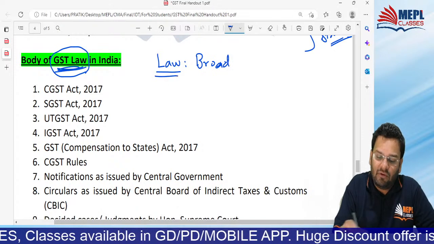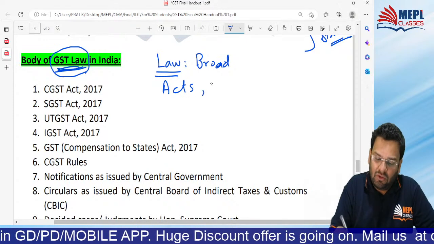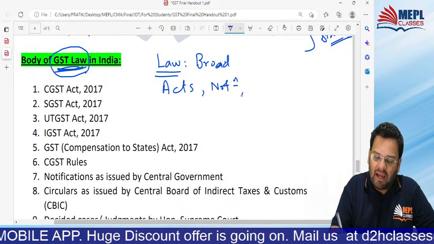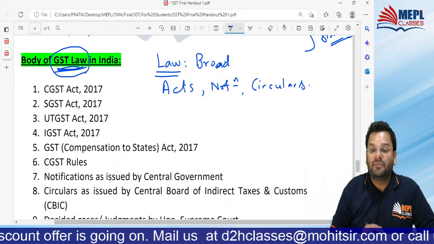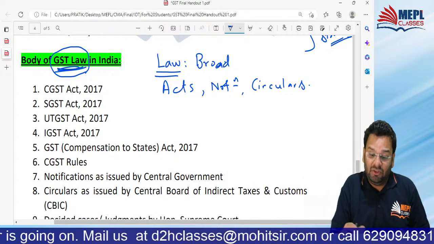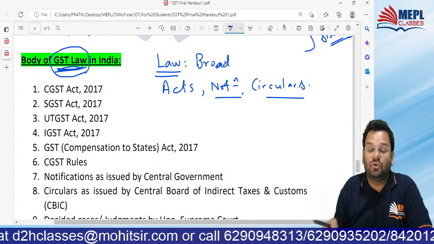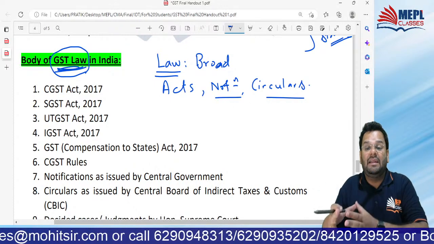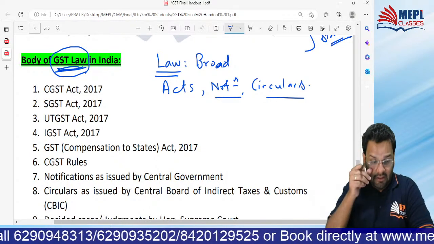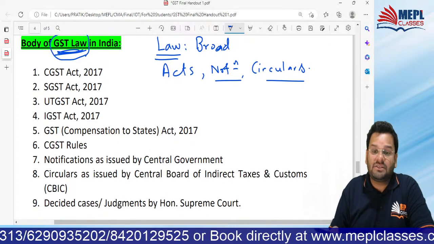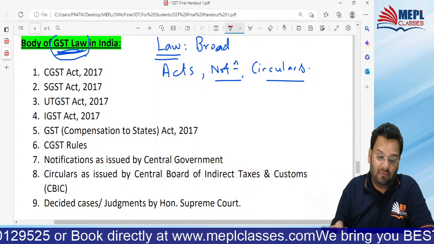Law will have various acts, and law will have notifications and circulars. Once you start analyzing various notifications and circulars, you will get an idea of a particular issue in the law. So when we talk about GST law, what exactly should you have knowledge of?